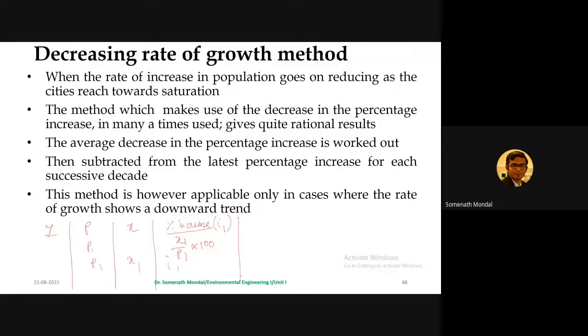Next we'll have to make a column. Here we'll have to work out the decrease in the percentage increase. Try to understand this decrease in percentage increase. What we are going to calculate over here is I2 minus I1.